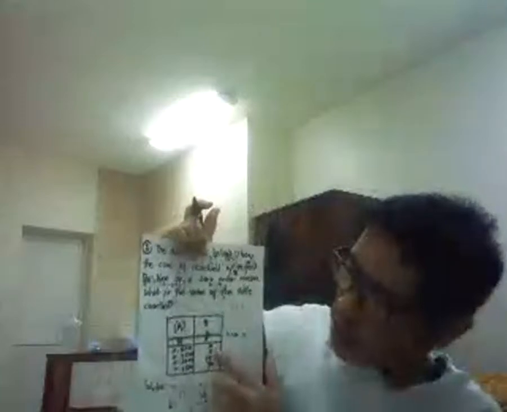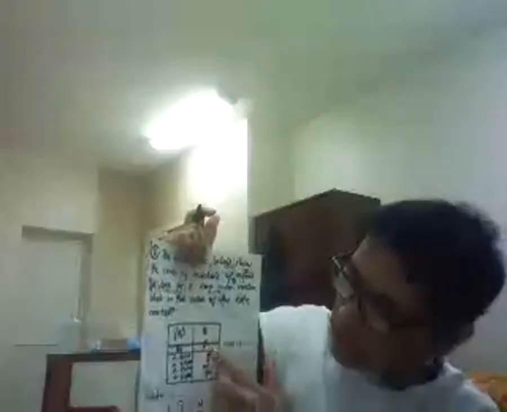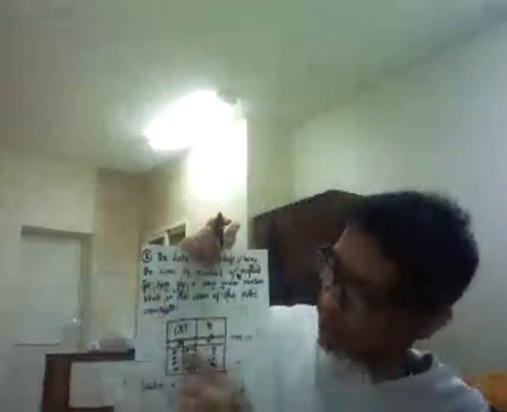Negative K times the time, which is 15 minus 0, so 15. That's our change in time. Plus initial, 0.8.